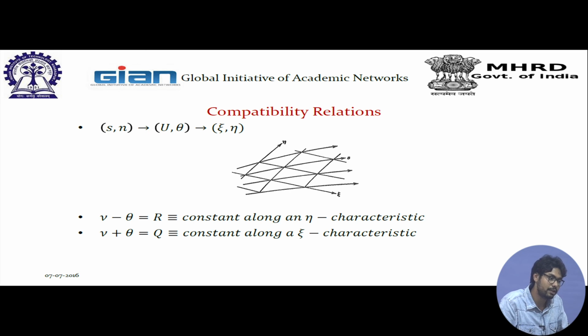So we will transfer our main equation of motion into xi eta coordinates, and while doing so we will have to ensure the compatibility between the transfer, which in a rigorous mathematical analysis will give us two simple algebraic equations: nu minus theta is one invariant and nu plus theta is another invariant along the two characteristic lines.